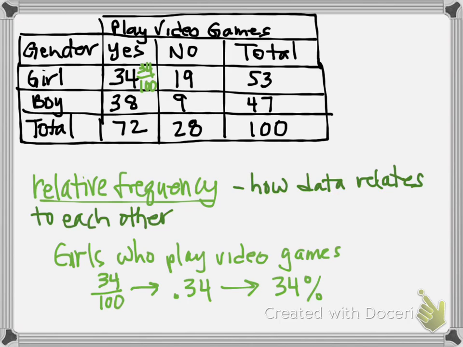So the girls would be 34%. What would we write for the girls who don't play video games? How do they compare to the whole group that was asked? Trent? Say again? 19. So it'd be 19 over 100, which we could write as 0.19, that we could write as 19%. Well, how about the number of boys who say, yeah, we play video games? What would they get? Armand?